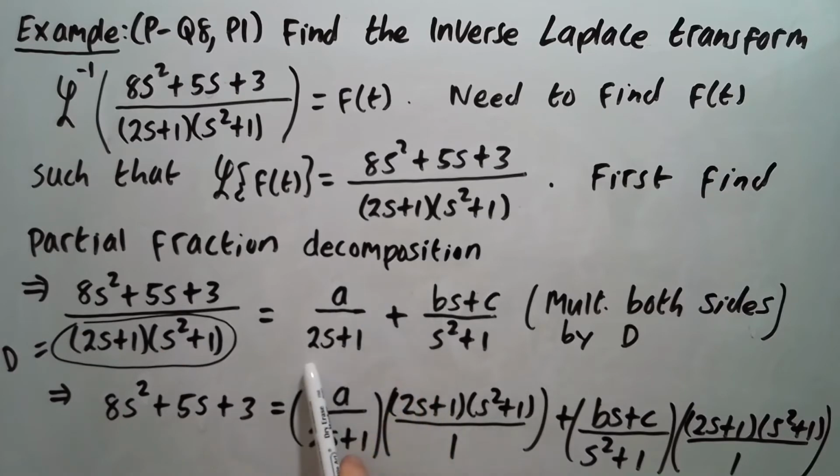Then it'll be A over 2s plus 1 times my D, so 2s plus 1 times s squared plus 1, plus Bs plus C over s squared plus 1 times my D, 2s plus 1 times s squared plus 1. And notice here the 2s plus 1 will cross off, and the s squared plus 1 will cross off here. Okay, so I'm out of space, so let me erase a few things and we'll continue.